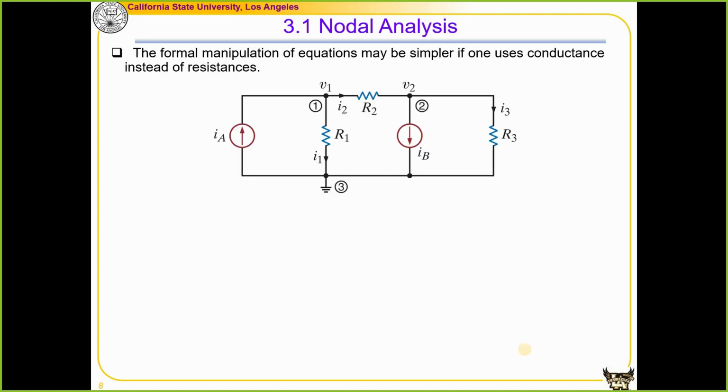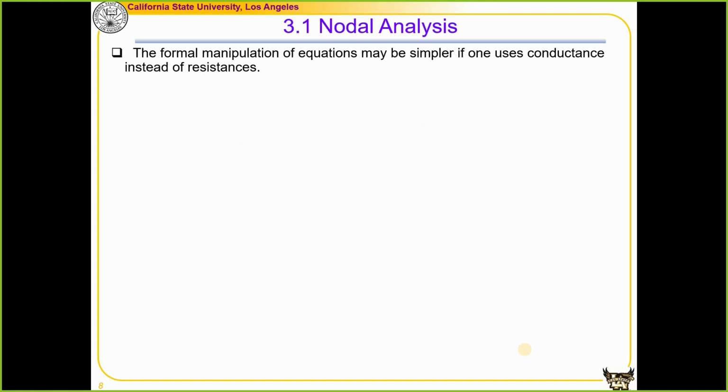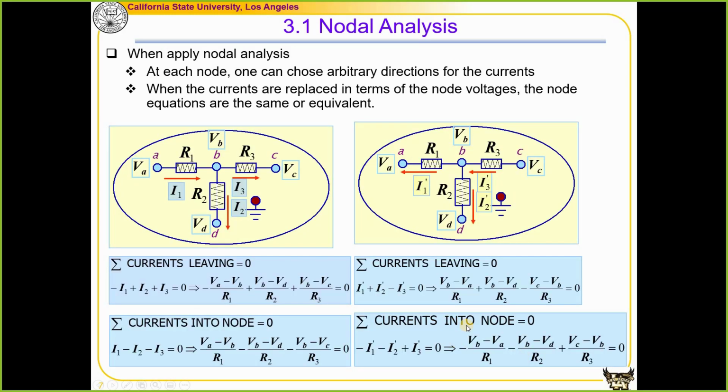Now you know that we have many different ways to define the reference current direction. Sometimes it may make you feel confused. So that's why we may want to just assume your own convention to follow. For example, I would prefer to write the equation as the current leaving the node sums up to 0. And I won't define all these reference currents.